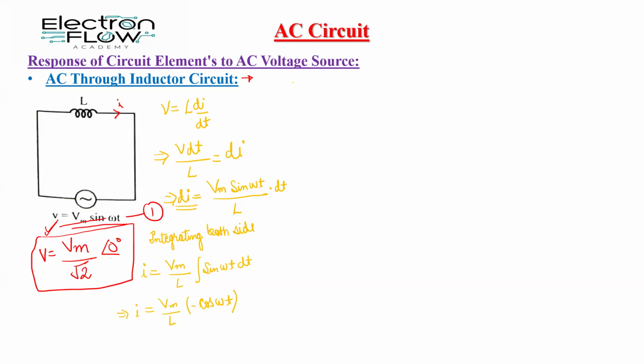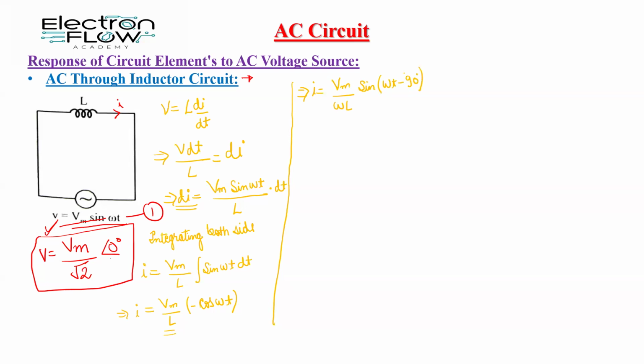So our actual value of the current is now I equals Vm divided by omega L, where we write the value of the inductor as omega L, and we know that minus cos omega t can be rewritten as sine omega t minus 90 degree.